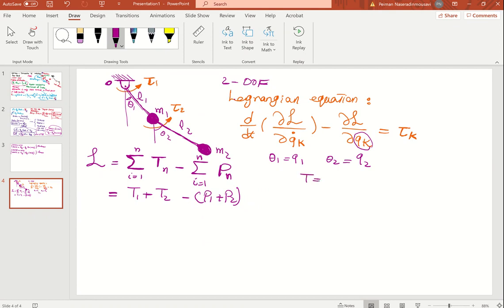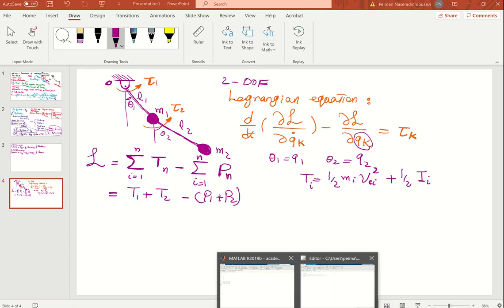When it comes to the robotic system or the dynamical system, T_i is going to be 1/2 m_i v_ci squared. You have seen this in dynamics. It means the mass center velocity squared, plus 1/2 I_i omega_i squared. You're going to see this eventually when I reshape these for a complex robotic system.